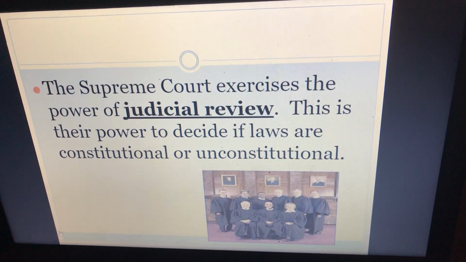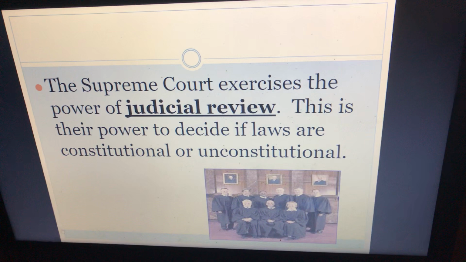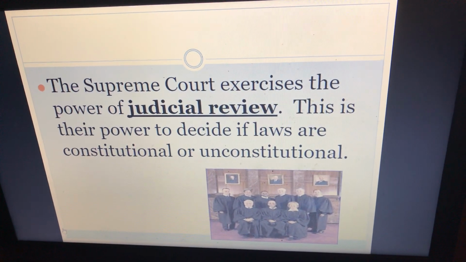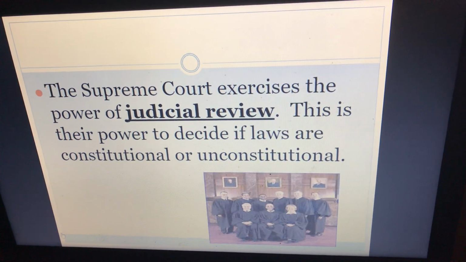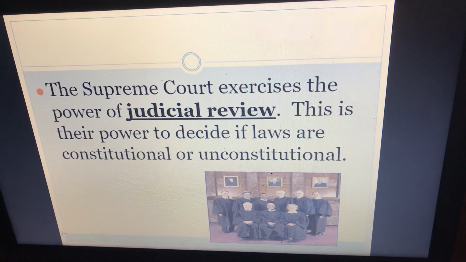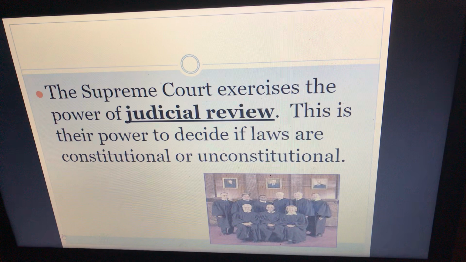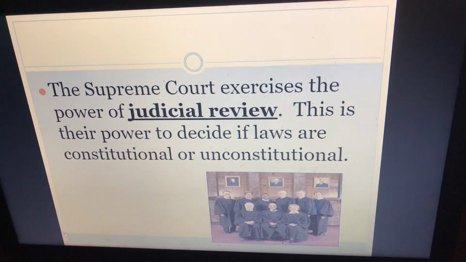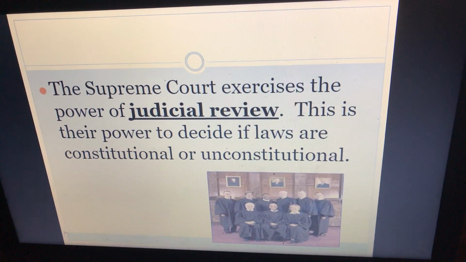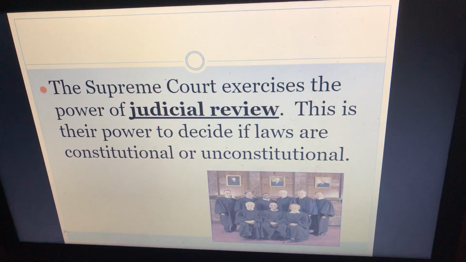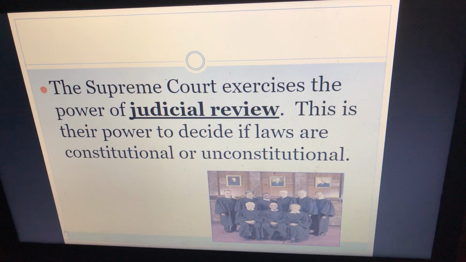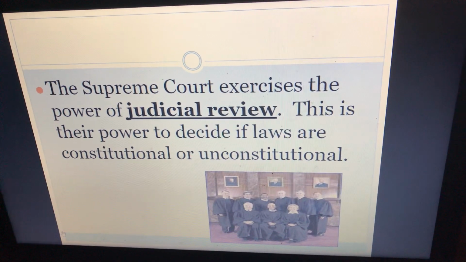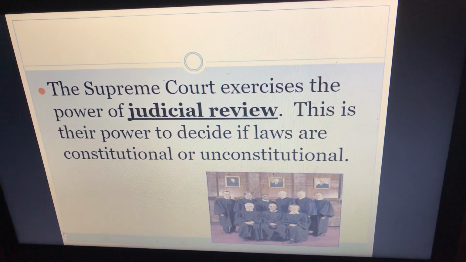If the Supreme Court decides that the laws violate something in the Constitution, then the Supreme Court will declare those laws unconstitutional. And like I said, we'll go over this a little bit more in detail in another section. We'll talk about some Supreme Court cases, or at least one Supreme Court case in particular that gave the Supreme Court this power. Again, they have a power, it's called judicial review, and the next slide will go over that a little bit more as well.